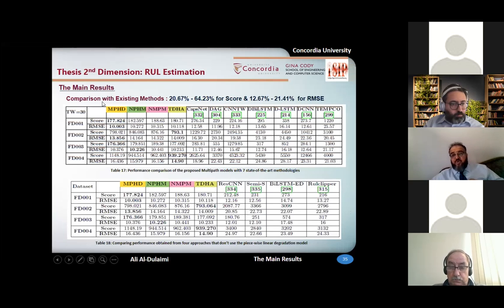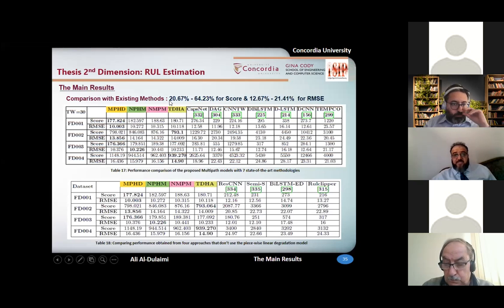When it comes to comparing our proposed models, especially the last proposed group, which is multipath, to whatever is available in the literature, we can see here these are the best results reported to date. We can see that we achieved the best results to date.